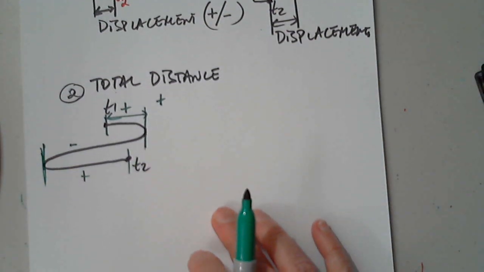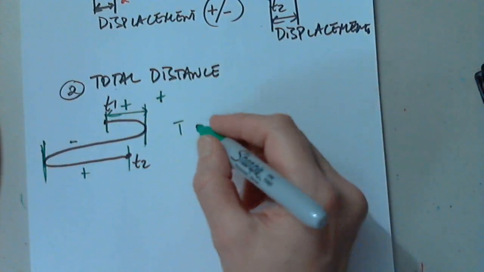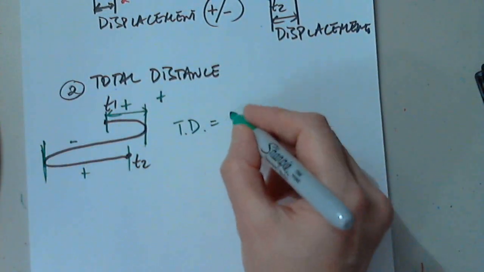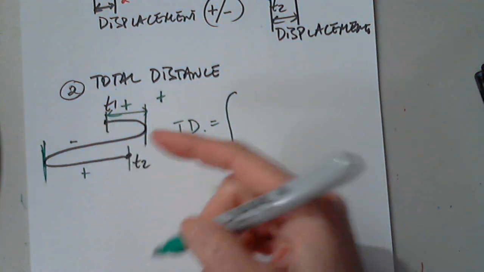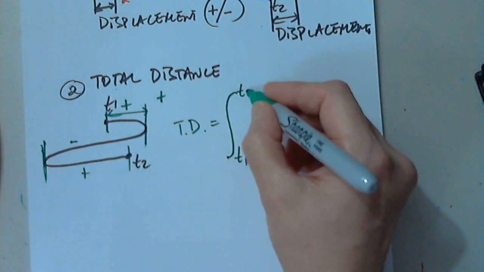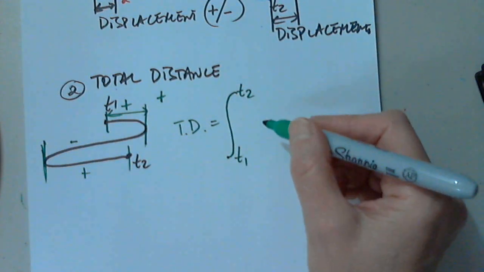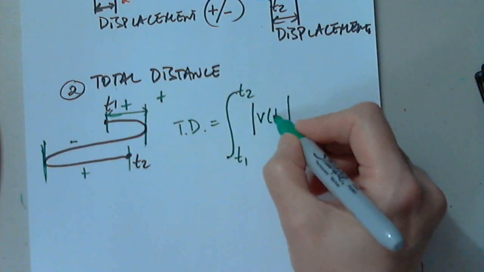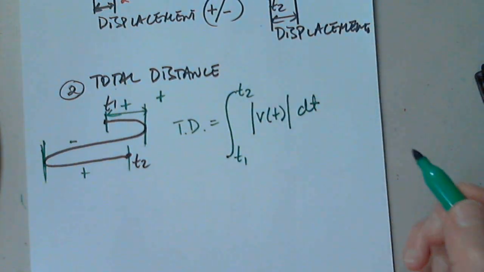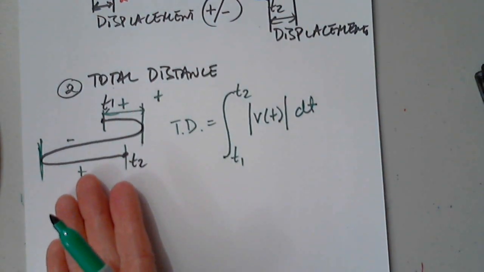Well, however, now we have something that we just studied. The total distance will be the integral from T1 to T2, from the initial time to the ending time, of the absolute value of the velocity, of course, dt. And it does exactly what we did then, but I didn't tell you.